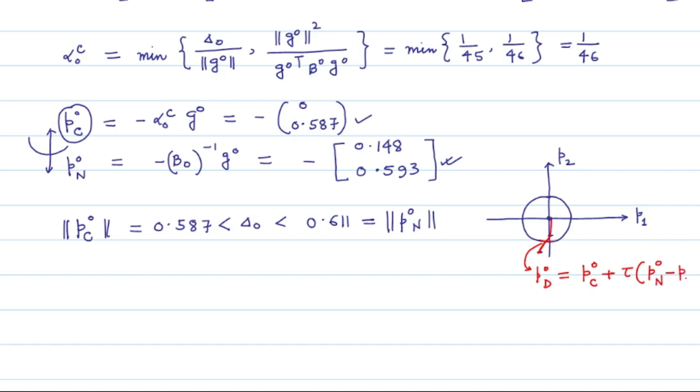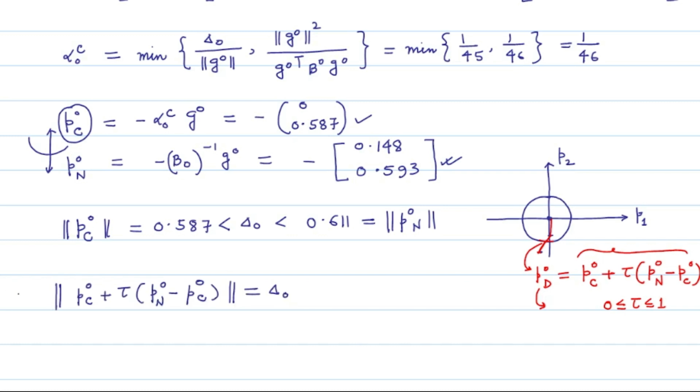So this will be the expression of the dogleg step for some tau in between 0 and 1. So the dogleg step is identified by, we find the tau such that this equation is holding true.